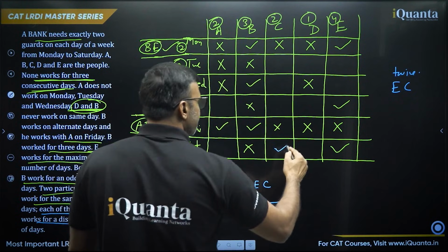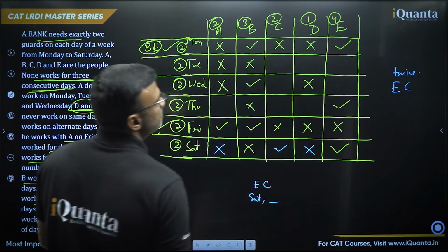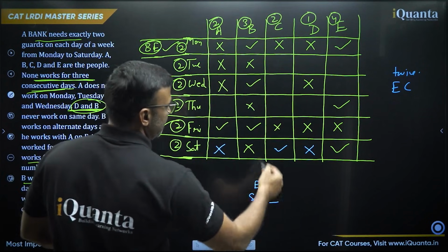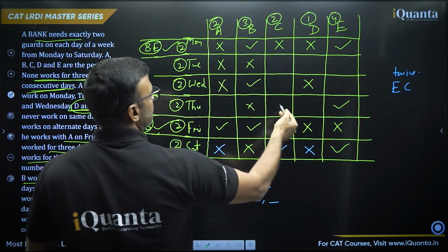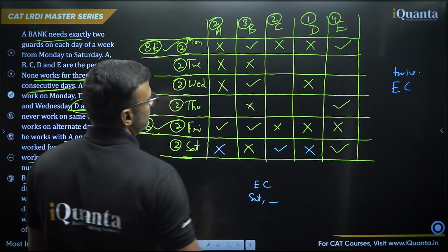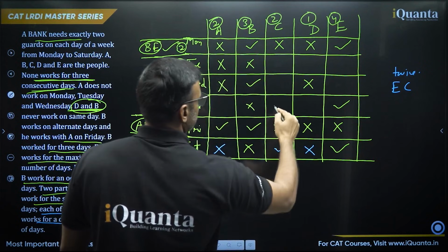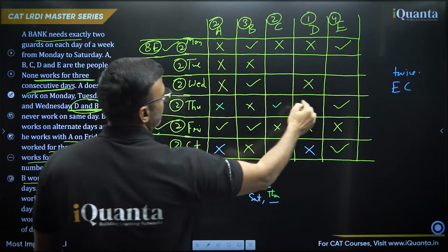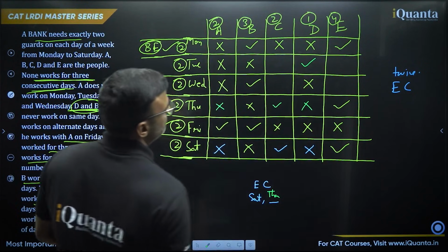So if I'm assuming C is working on Saturday, then on Saturday the attendance is full, right? Then the other day, I can take it to be either Thursday or Wednesday or Tuesday. Let's see. If I take it as Thursday, then this will be a tick mark. Then Thursday attendance is complete. Then Tuesday D has to work.